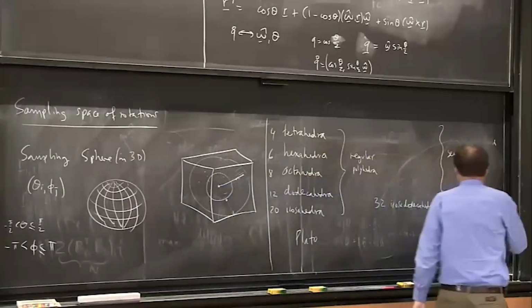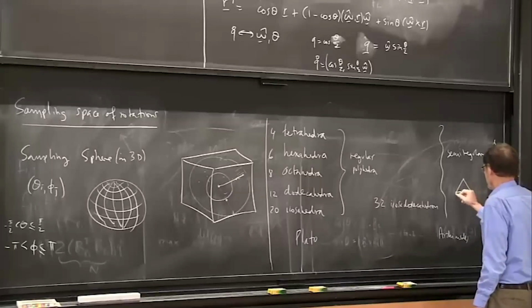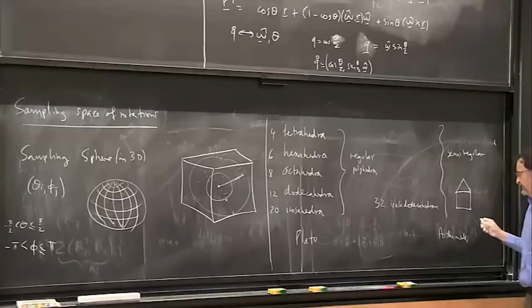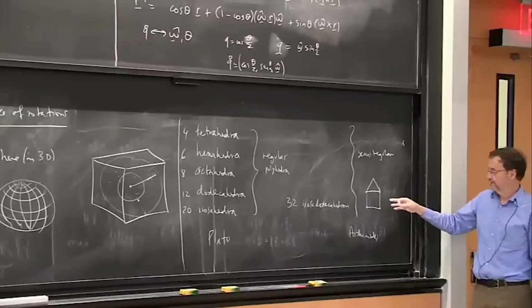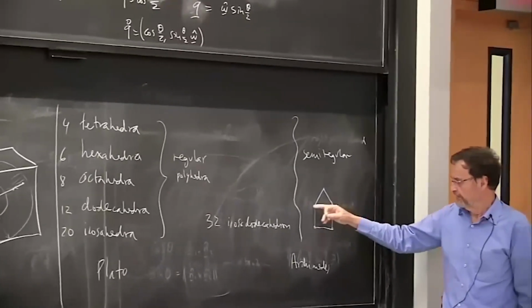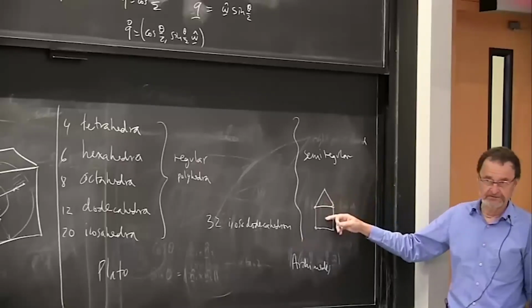But think about the fact that they all have to have the same edge length. So, for example, if you had an object where you're mixing triangles and squares, since they have the same edge length, the facet area is different.